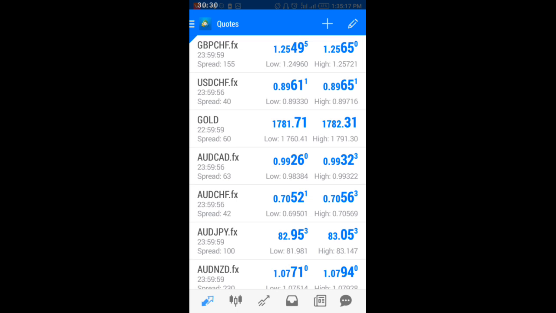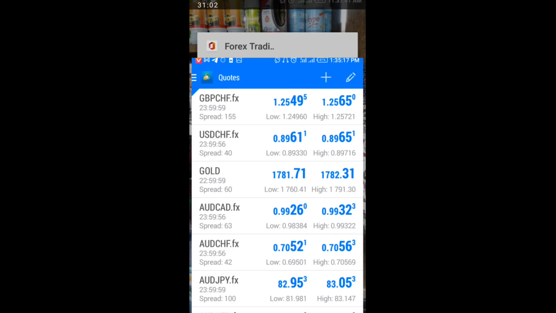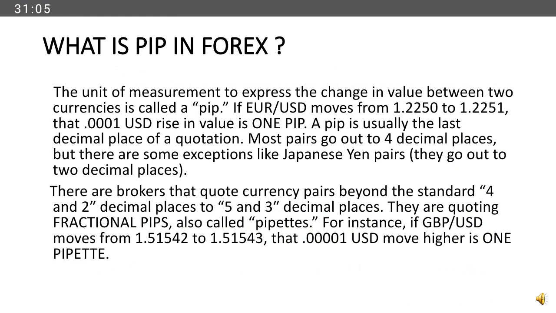If you want to measure it in pips, you say 15.5 pips. For USD/CHF, that's 40 pipettes or 4 pips. So that's it, all about pips and pipettes.